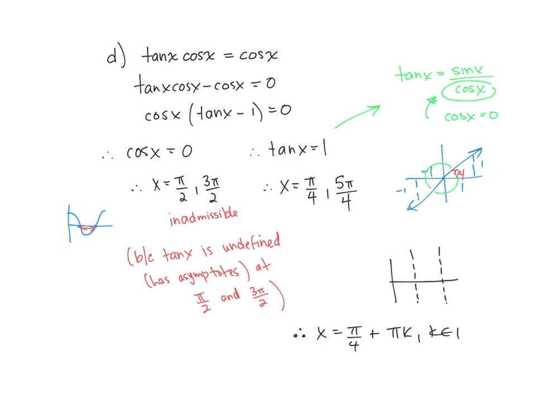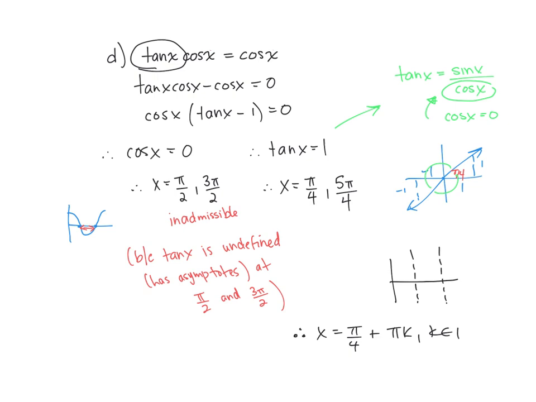Any trig ratio that has an asymptote, we have to be mindful whether our values of x exist where those asymptotes exist, right? Because if a value of x that we get also occurs at the asymptote for one of those ratios, we cannot use it in our answer, okay?